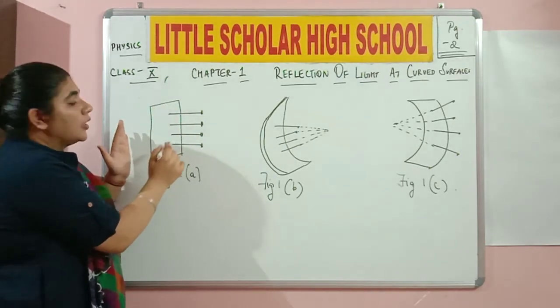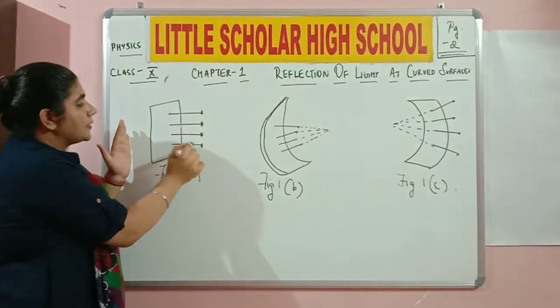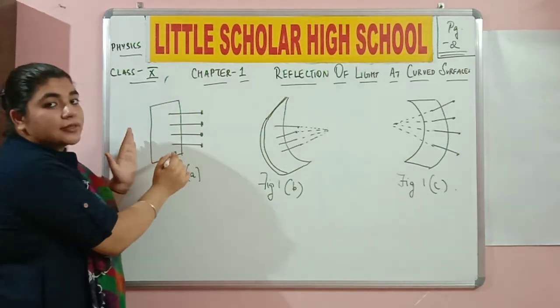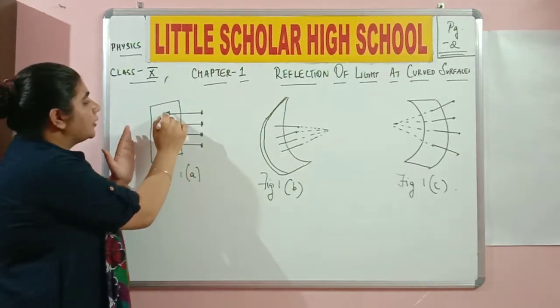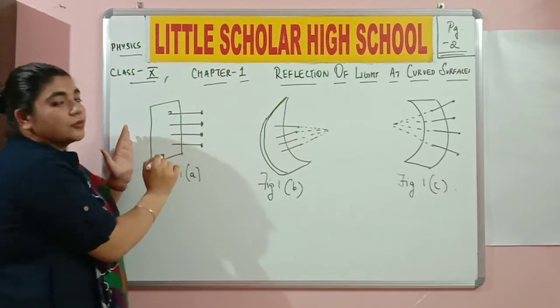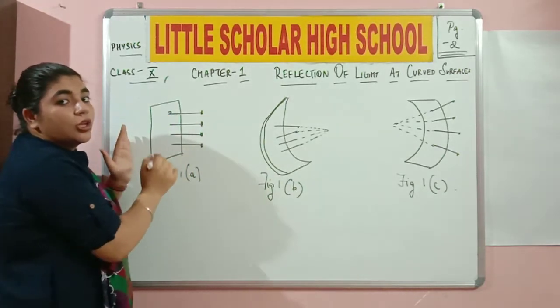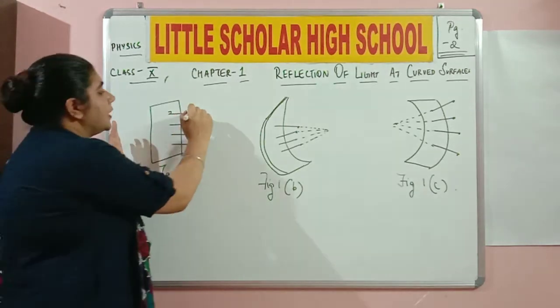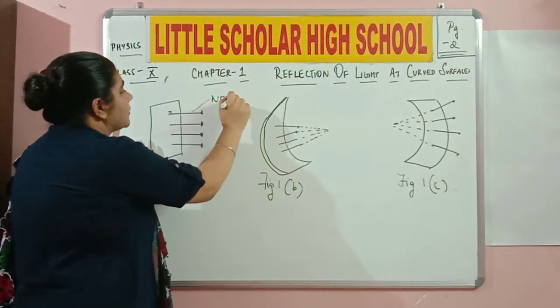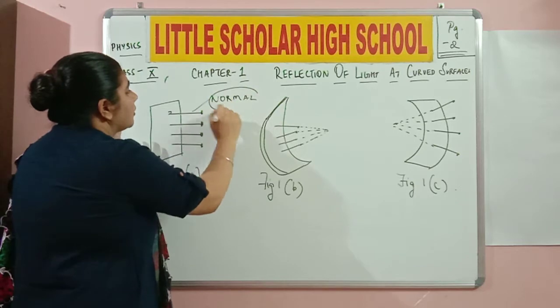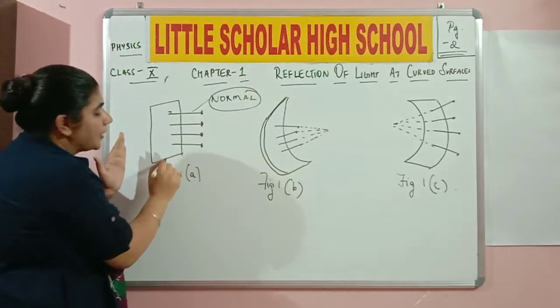I am going to fix 4 nails in the rubber foam in such a way that they make a 90-degree angle. I am fixing them perpendicular into the rubber foam. So can I say that these act as normal rays? These represent the normal rays on a plane surface.